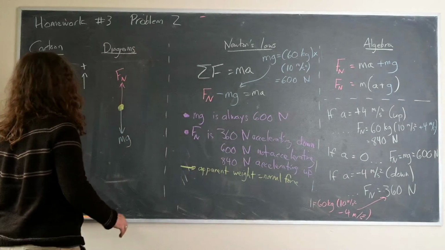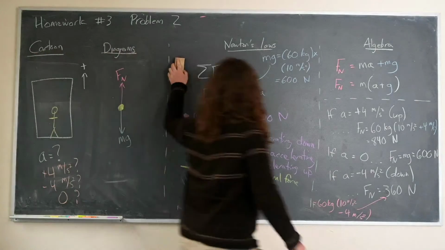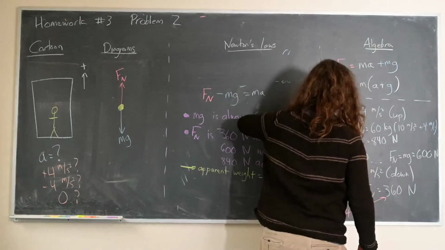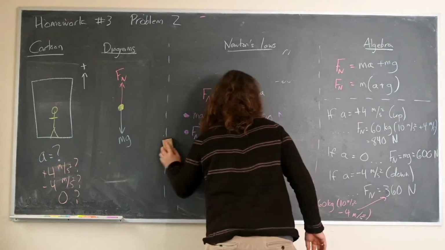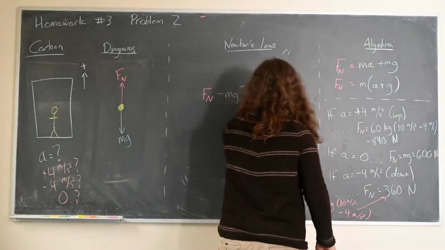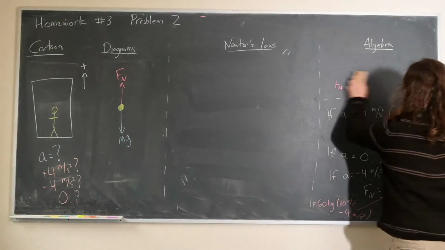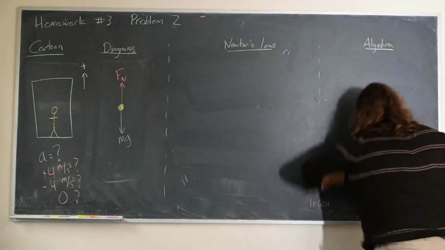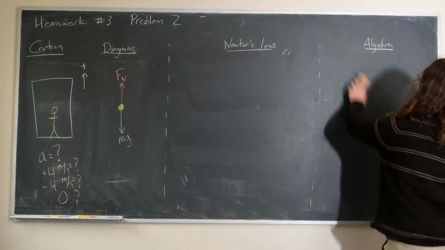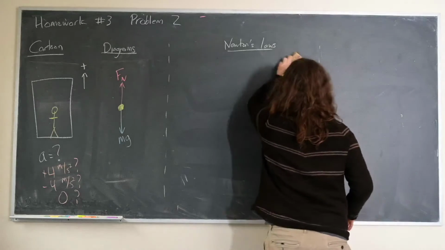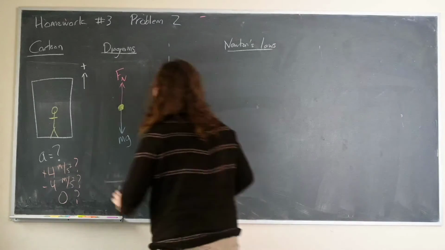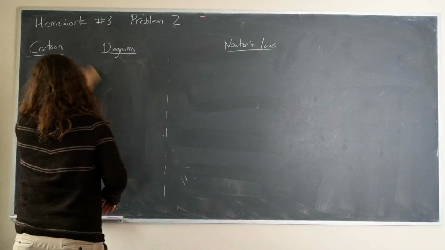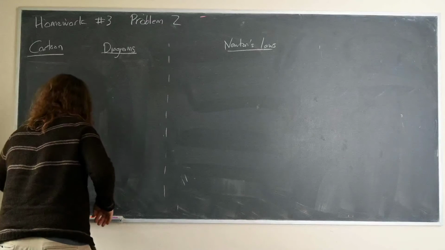Problem 3 is the locomotive problem. So in this problem, I'm going to briefly rearrange my headers because a train is longer than it is wide.